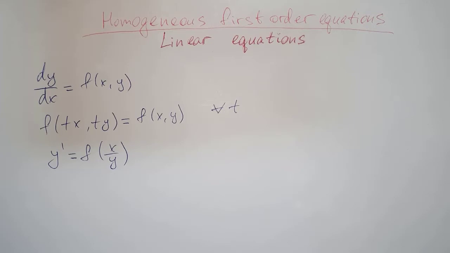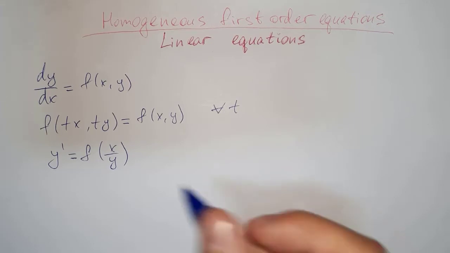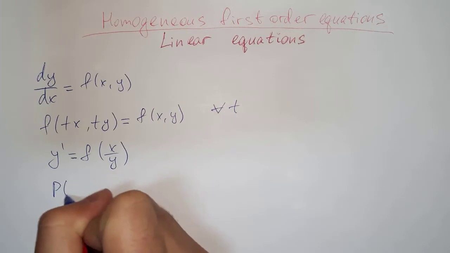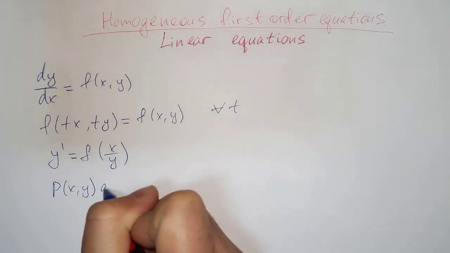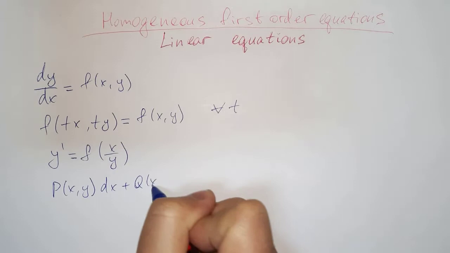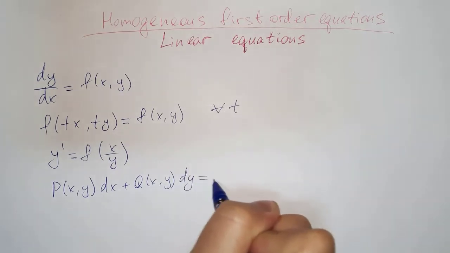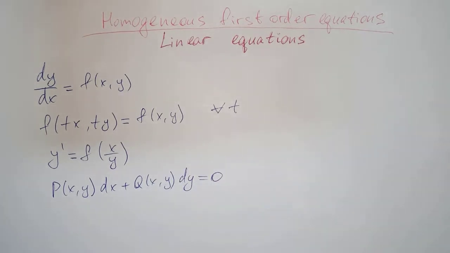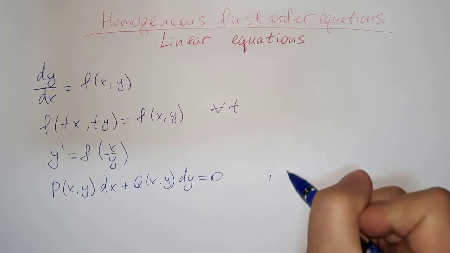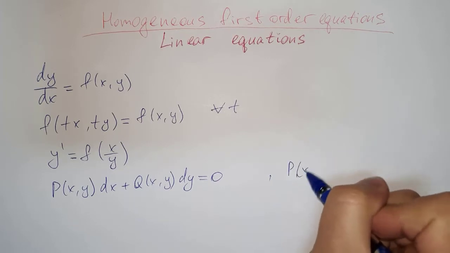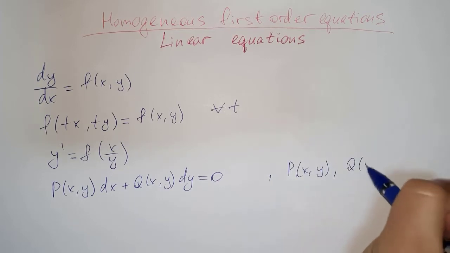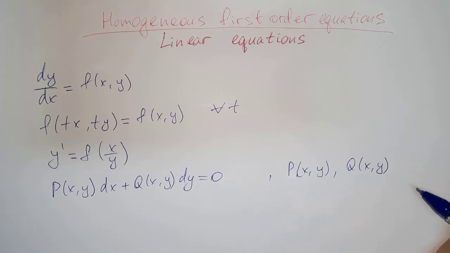Or alternatively, we have the differential form: P of x, y dx plus Q of x, y dy is 0, where P of x, y and Q of x, y are homogeneous functions of the same order.